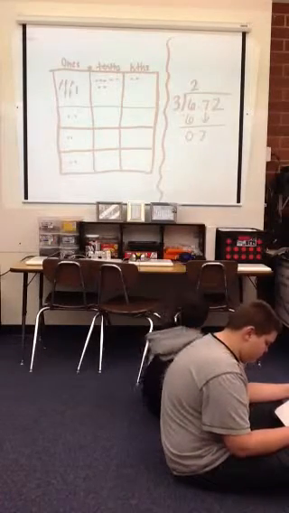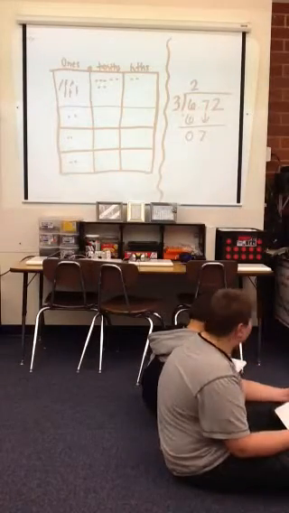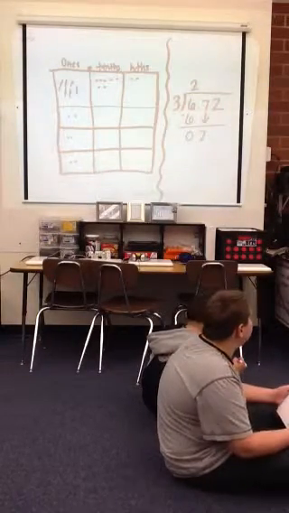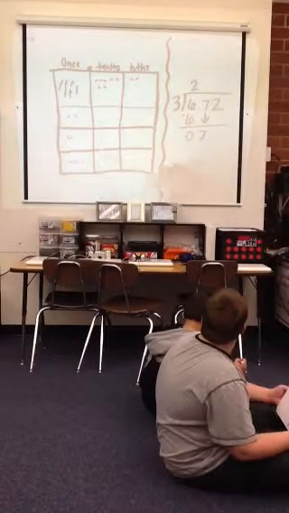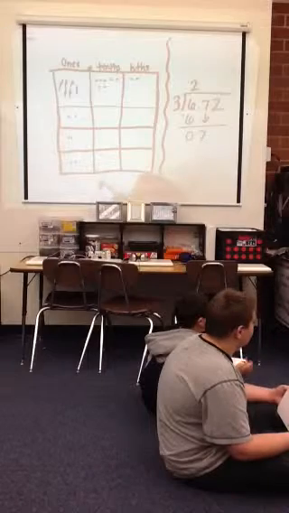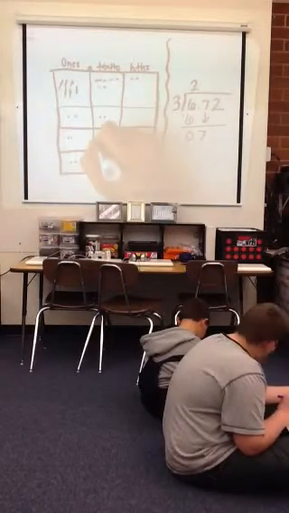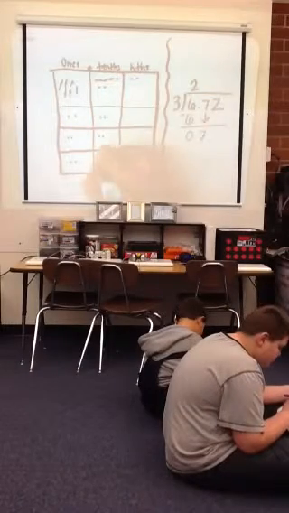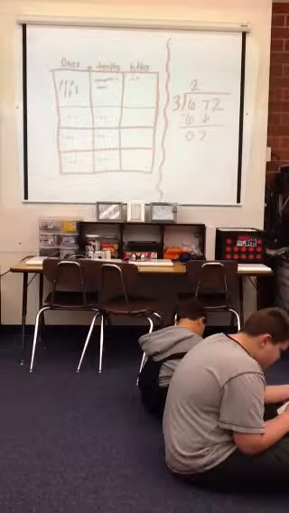Okay, so how can I split up 7 tenths equally, or maybe not equally, but how can I share them with 3 groups? 2 tenths in each one? 3, would you have enough? Not enough, so it's got to be 2, right? Okay, so 1, 2, 1, 2, 1, 2. What do you guys notice?